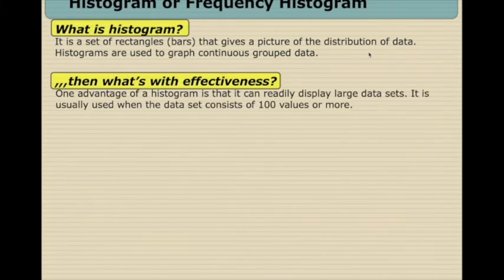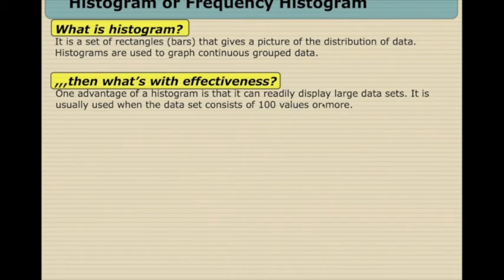Let's start off with the definition of a histogram. It is a set of bars that give a picture of the distribution of data, and it is used to graph continuous grouped data. Then why do we use a histogram?